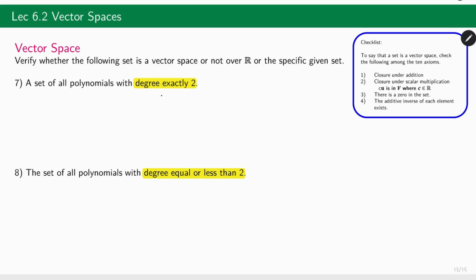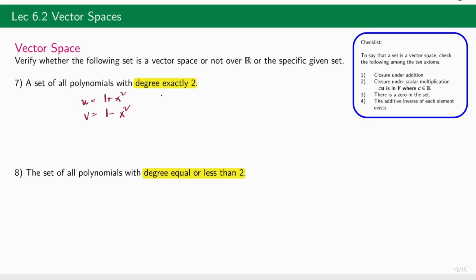For number 7, we are going to verify that this is not closed under addition. Why? Because let's say you have U as 1 plus x squared, and V as 1 minus x squared. Take note that these are not vectors, okay? These are just elements.